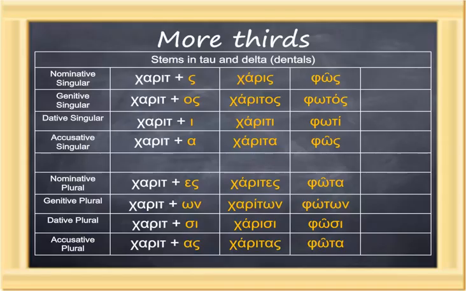The neuter noun phos works the same way. Its stem, phot, ends in a dental. So when the sigma of the nominative gets added, the tau drops out. But you'll say, wait a minute, this is a neuter noun.